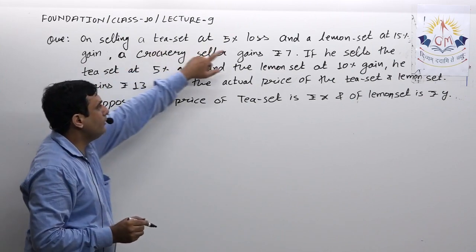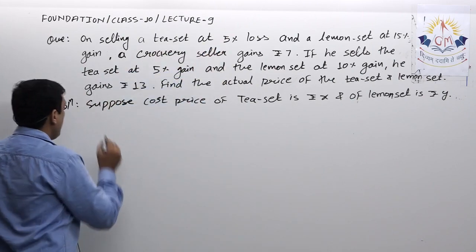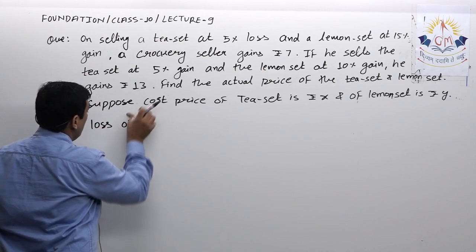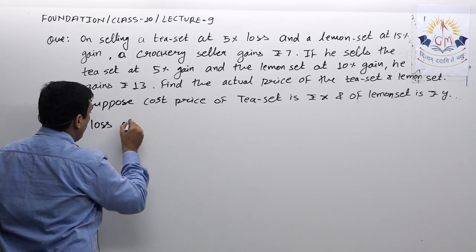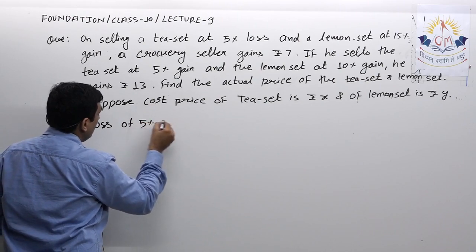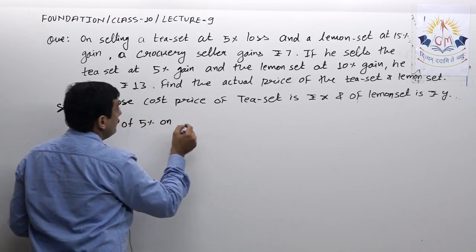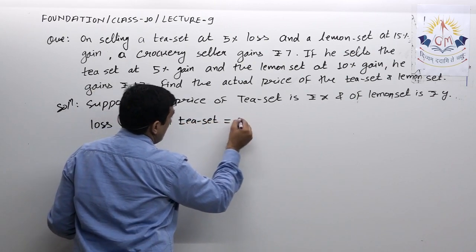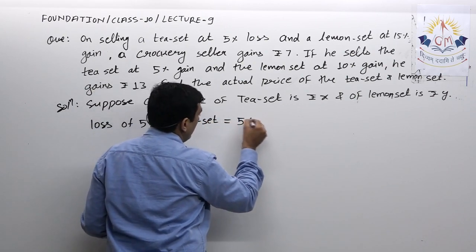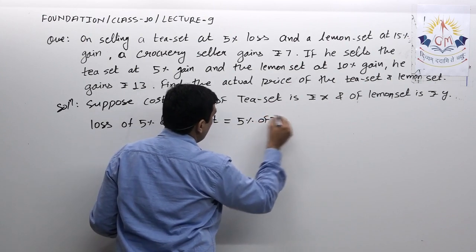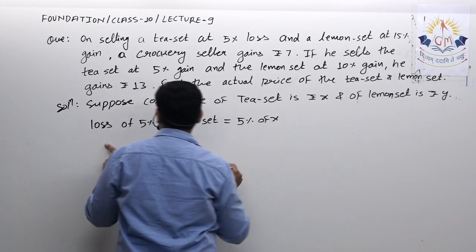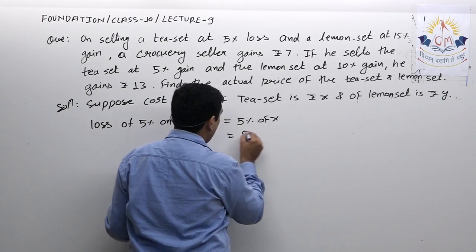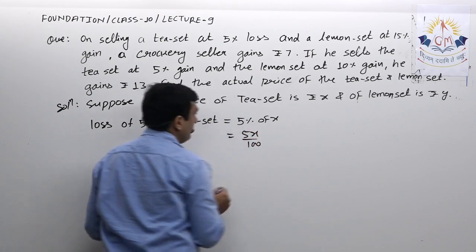Now he has a loss of 5%. So loss of 5% on tea set is 5% of X, isn't it? Loss of 5% on tea set is 5% of X, that is 5x upon 100.